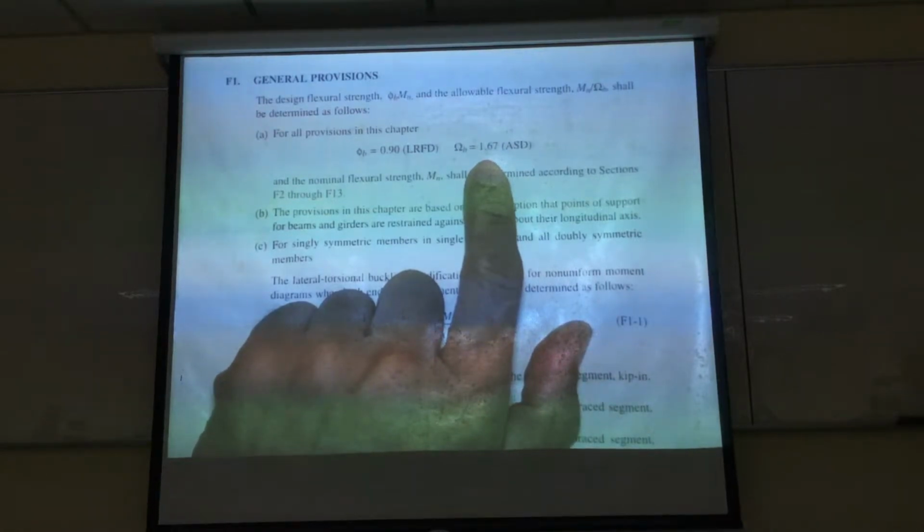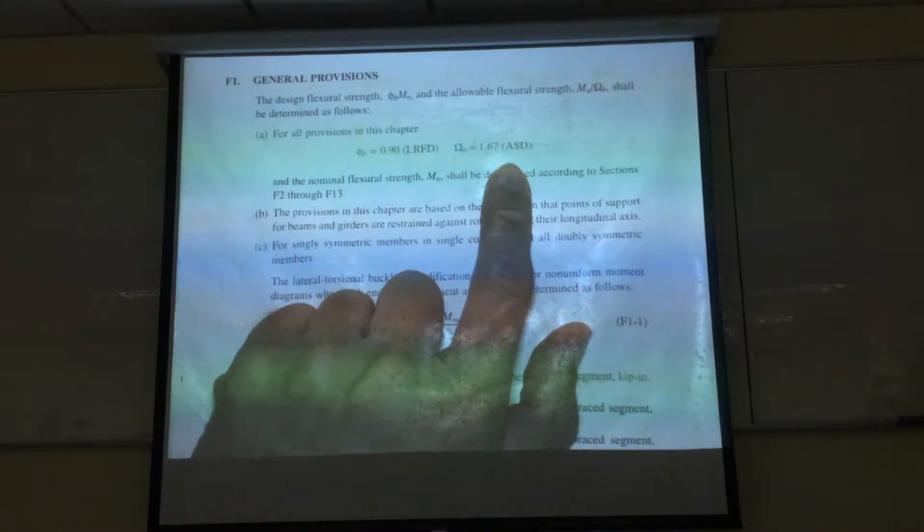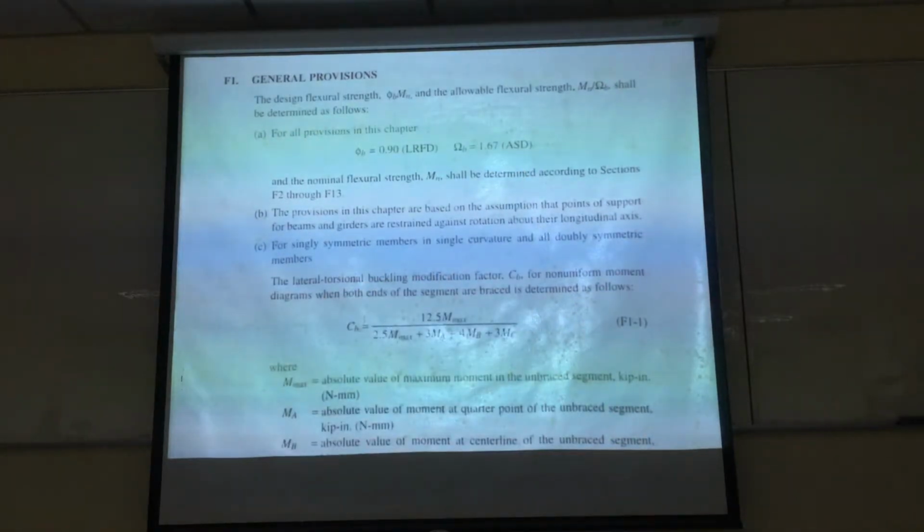But as the design and knowledge about steel improved, the factor of safety reduced to 1.67, which is like 5/3 of the service load. 5/3 times the service load. You have that much, 2/3, as a safety margin.